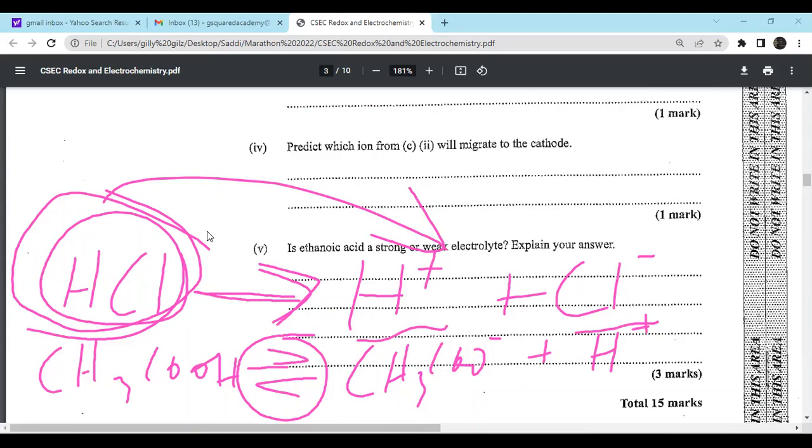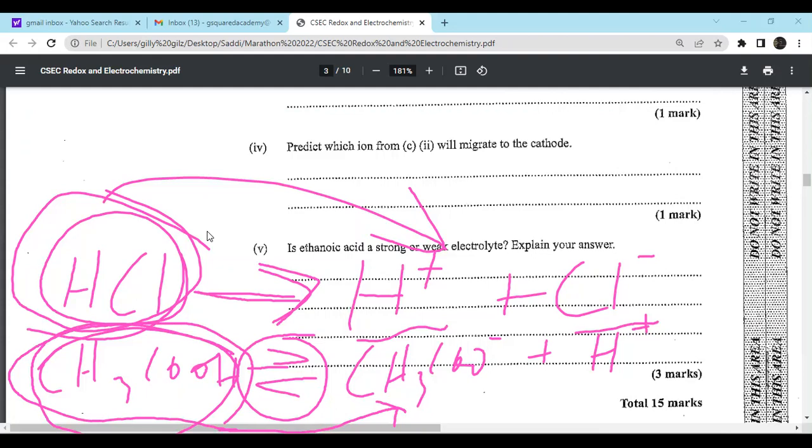Now, if I had 100 molecules of ethanoic acid, just some of it, so let's just say 30 molecules would be converted to that over there, while the rest of it, which is 70, would remain as this. So it is what we call partial dissociation and full dissociation, or ionization.